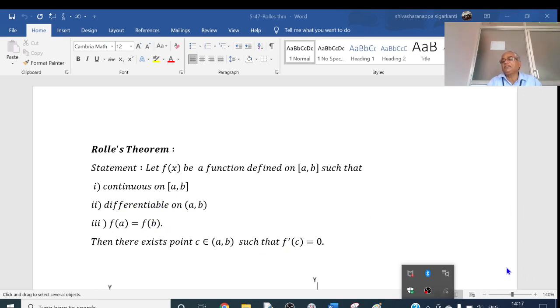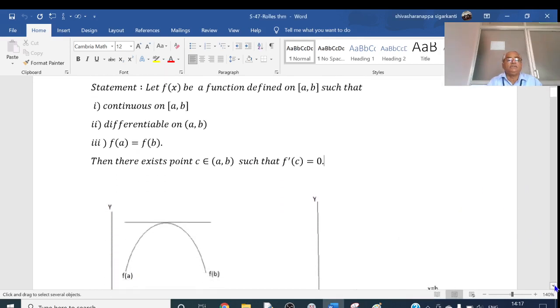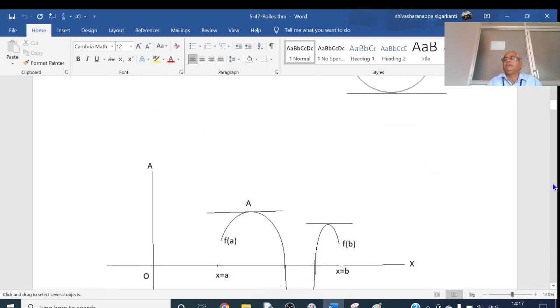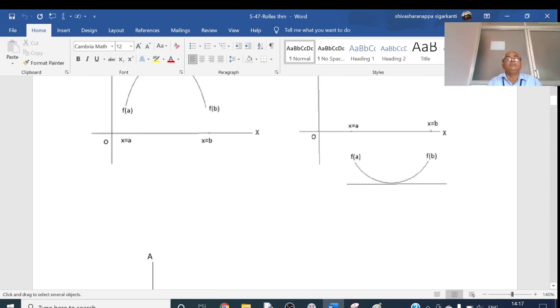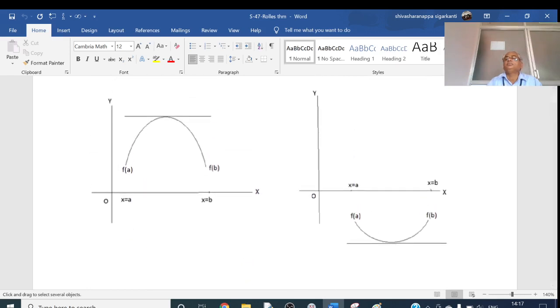So, geometrically discussing, these are the figures. See here in this figure, we have x = a and x = b.